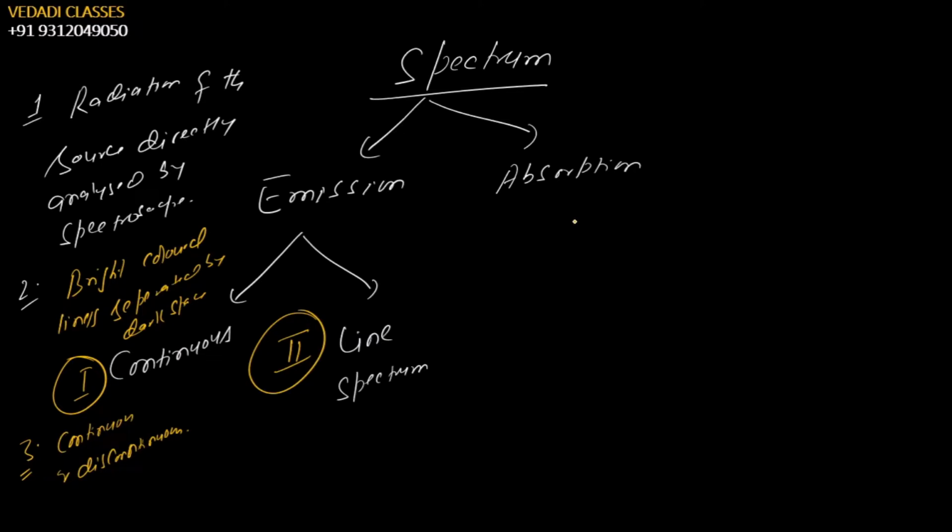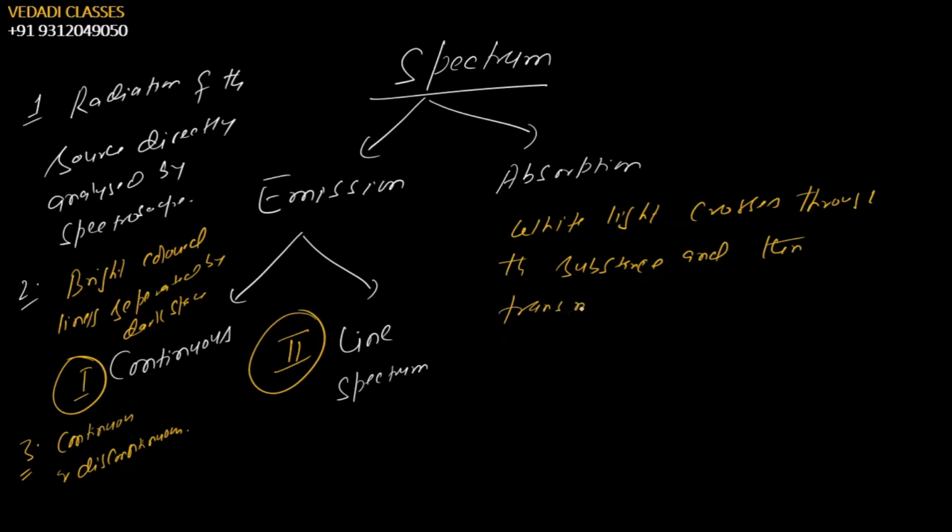So what is the absorption spectrum? White light is not directly analyzed by a spectroscope. White light first crosses through the substance, and then the transmitted light is analyzed by a spectroscope.